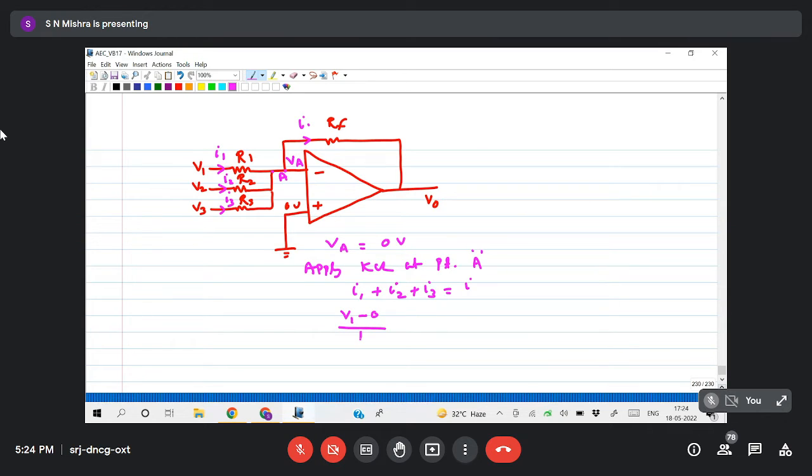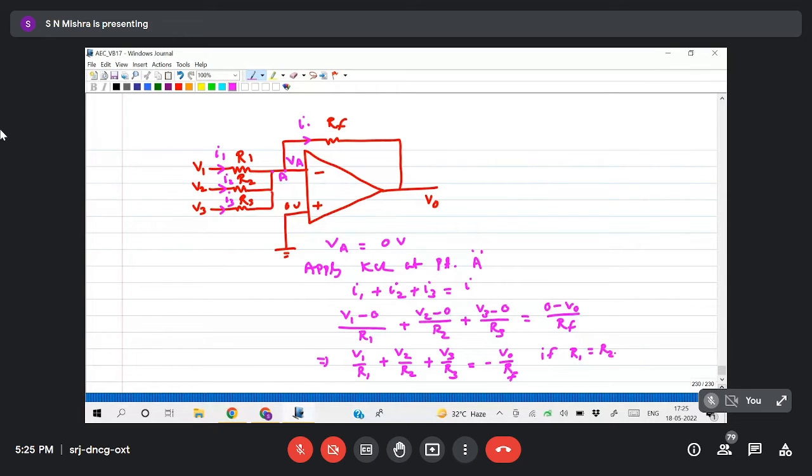So V1 by R1 plus V2 minus 0 by R2 plus V3 minus 0 by R3 equals 0 minus V naught by RF. That implies V1 by R1 plus V2 by R2 plus V3 by R3 equals minus V naught by RF. Right.